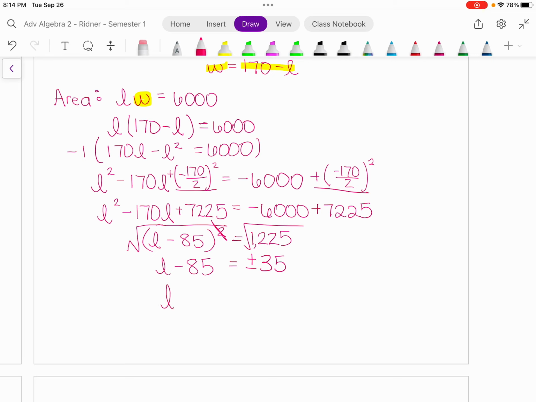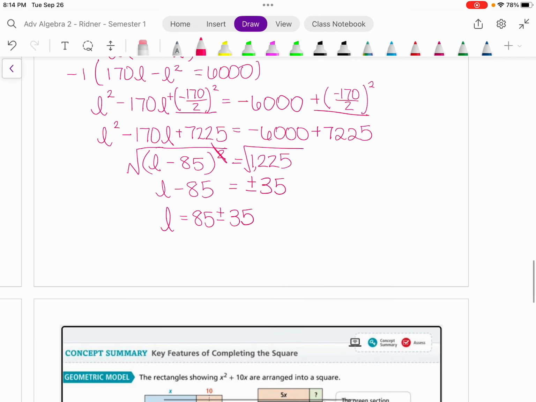So my last step to get L by itself is 85 plus or minus 35. And so I have 85 plus 35, which is 120. Or I have 85 minus 35, which is 50.